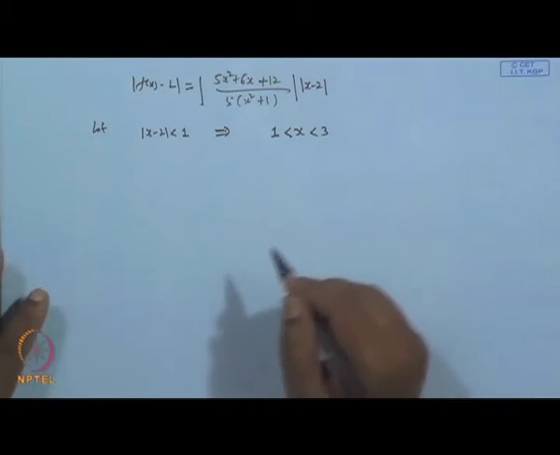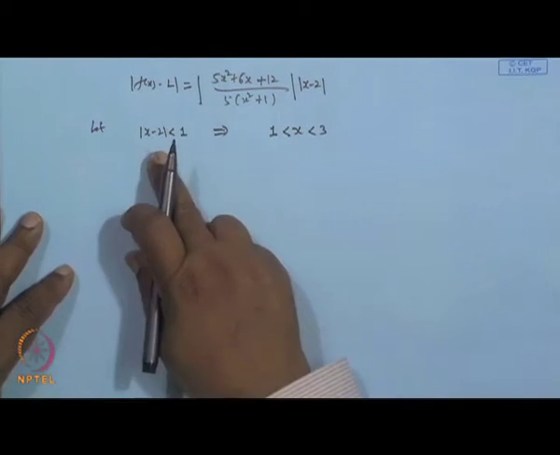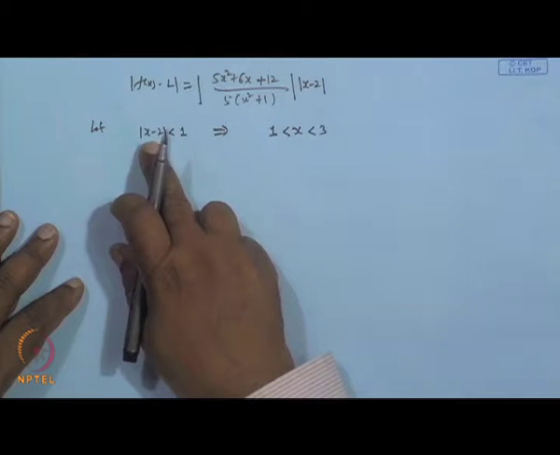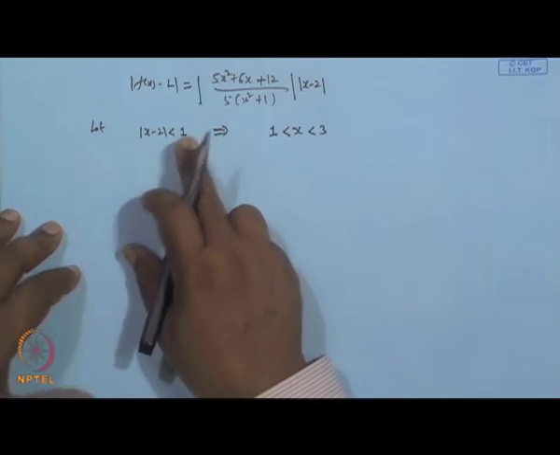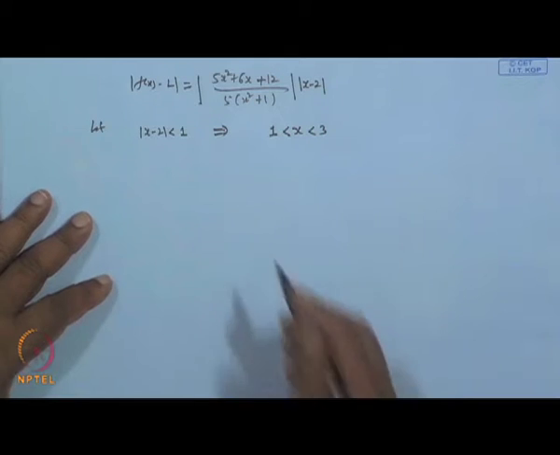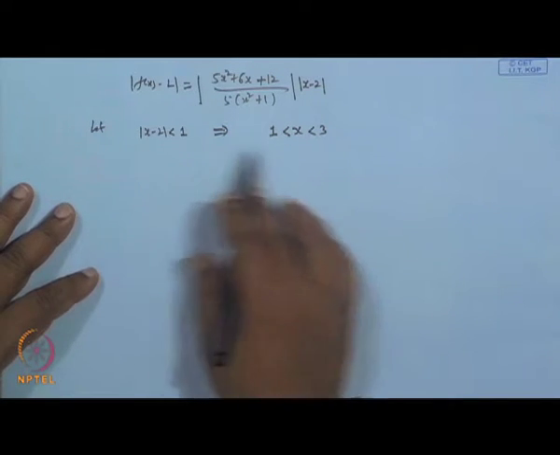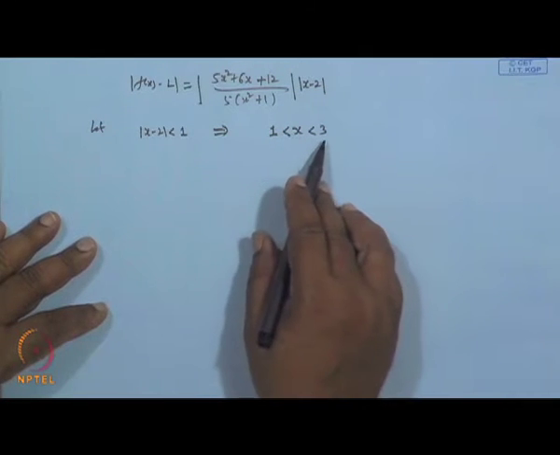This is the bound for this. Is it clear? We got this by adding 2 to minus 1 and plus 1. So, x is lying between 1 and 3.